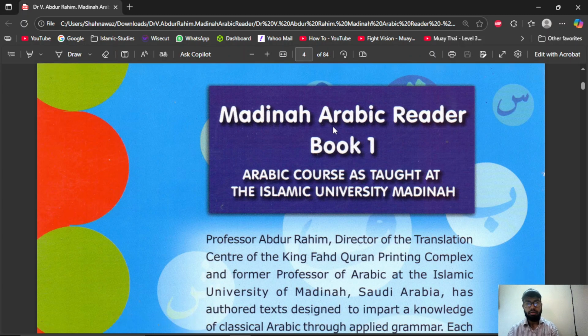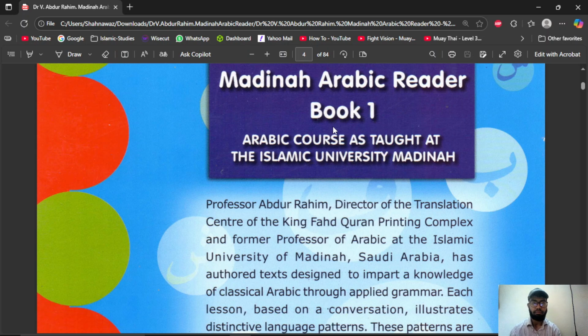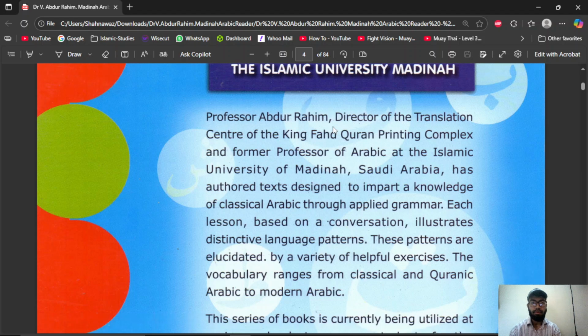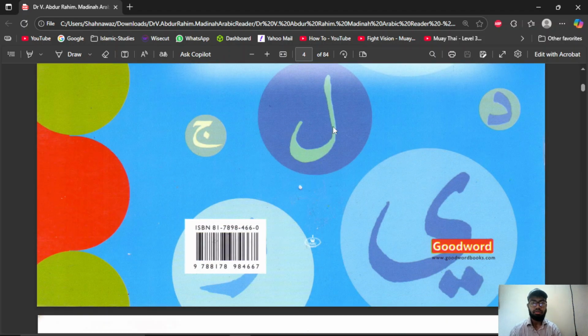In the new, revised version, it is a little more colorful with a lot of pictures in it. And this book has been divided into around 8 parts, if I'm not wrong, so the lessons in each book have been decreased.